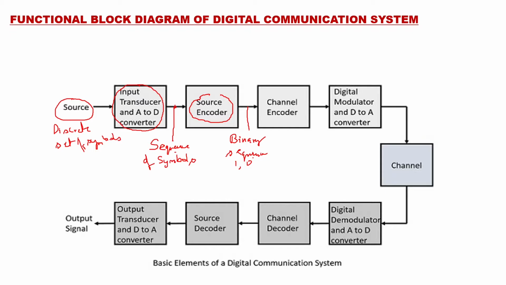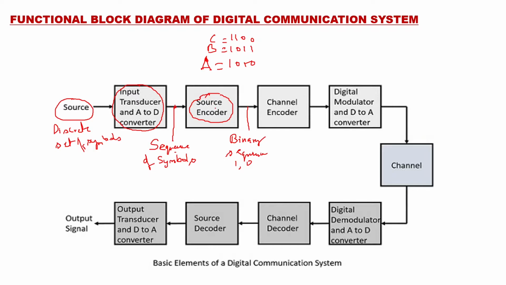For example, if the symbol is A, you can say the code word is 1010. If it is B, the code word is 1011. Like that, symbols can be converted into your binary sequence. Clear? That work is done by the source encoder.